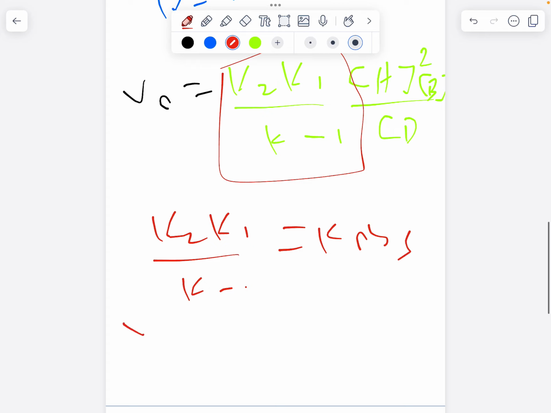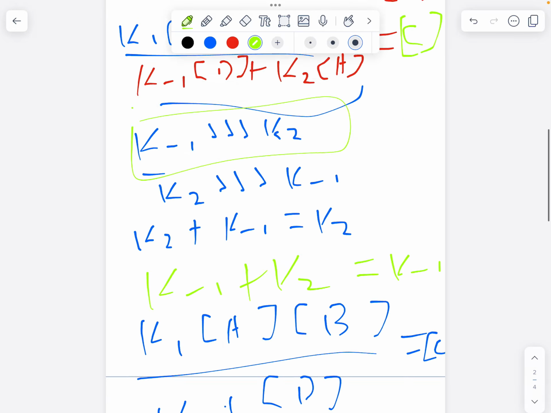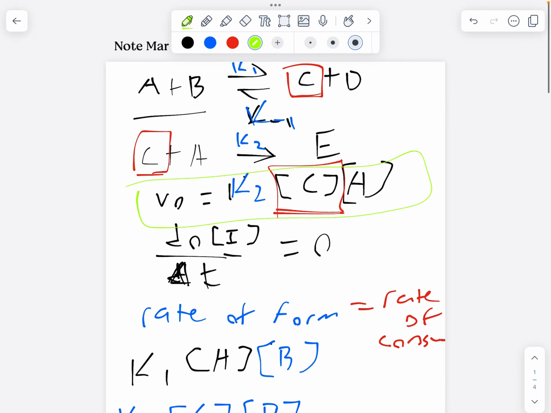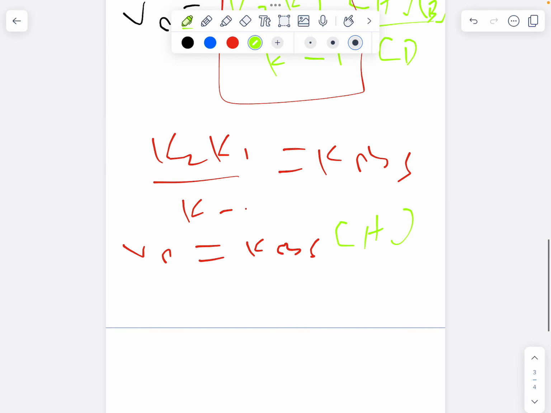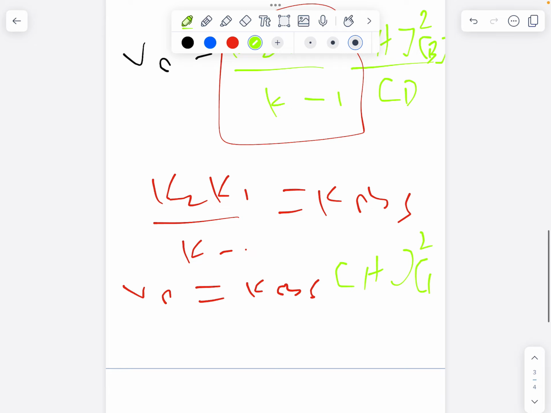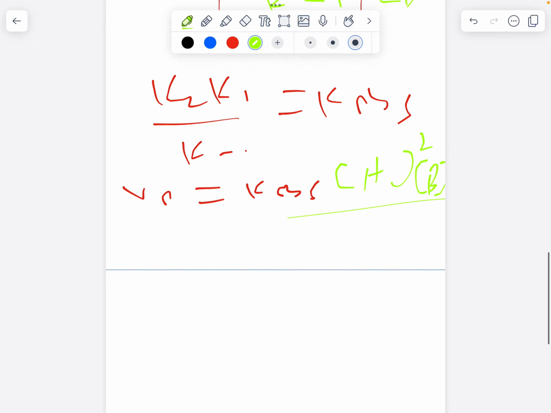And so now we know that the overall rate law is equal to k observed times A squared. And again, that A squared was from that extra A that was just chilling outside from our initial assumption, I should say. Is equal to A squared B over the concentration of D. Again, I can't fit those B's on the page.